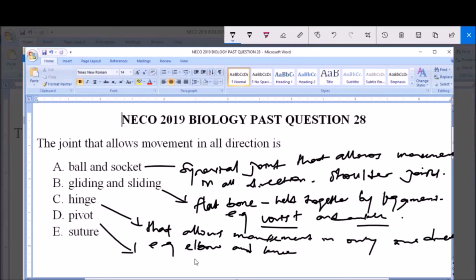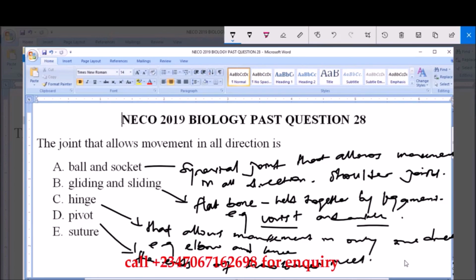Now the pivot joint. The pivot joint is also a synovial joint in which the ends of two bones meet in such a way that one end of one bone forms a central bony cylinder and the other bone forms a ring.